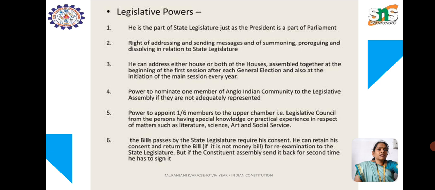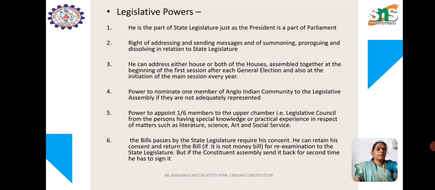Next, let us see the legislative powers. He is a part of the state legislature, just as the president is a part of parliament. He has the right of addressing and sending messages, and of summoning, proroguing and dissolving the state legislature. He addresses either house or both houses assembled together at the beginning of the first session after each general election and the first session every year.